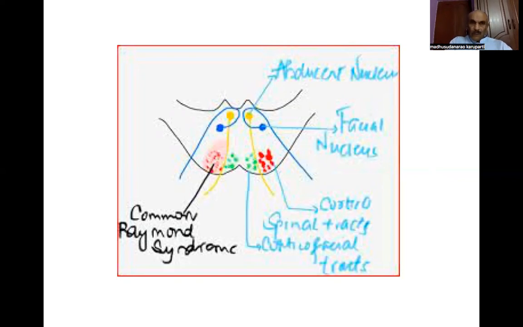These are the fibers of the sixth nerve, which extend from the nucleus downwards. They run in close proximity with the pyramidal fibers. So when the lesion involves the ventromedial part of the pons, it results in Raymond syndrome, characterized by ipsilateral sixth nerve palsy and contralateral hemiplegia.